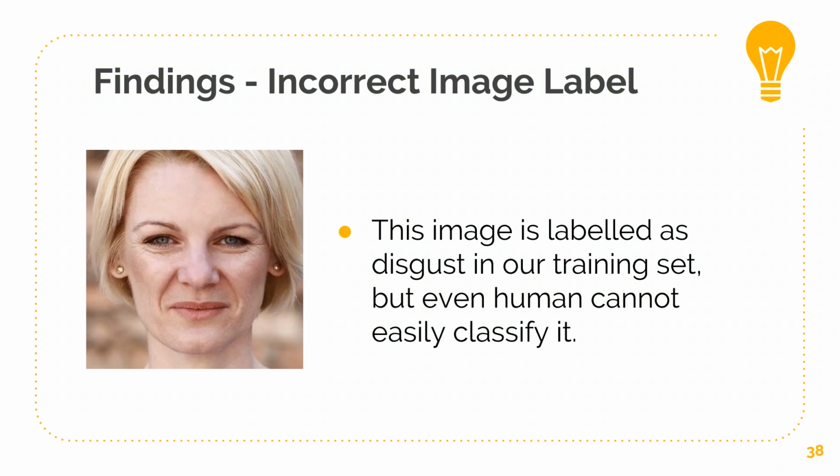There is another finding about incorrect image labels. As we can see on the left-hand side, a photo in our training set is labeled as disgust. But actually we may probably think it is something like a woman under a very shiny sun, rather than a disgust emotion.